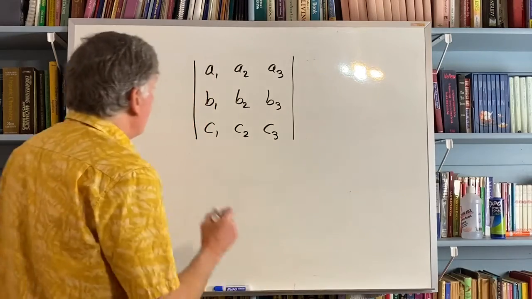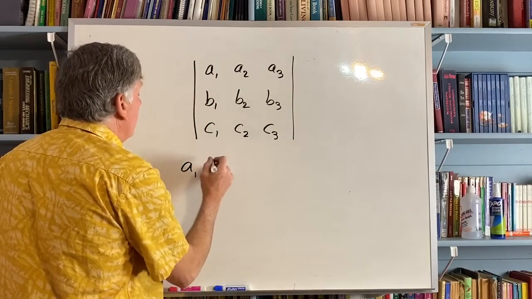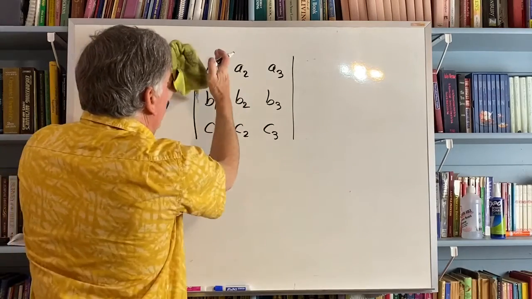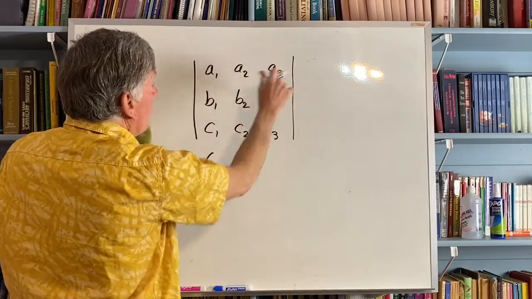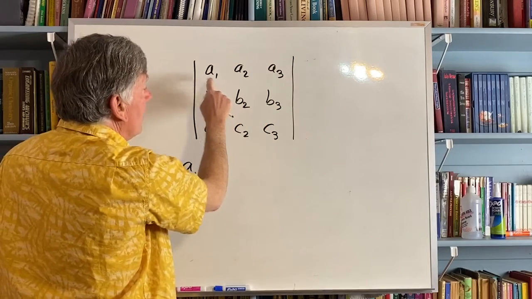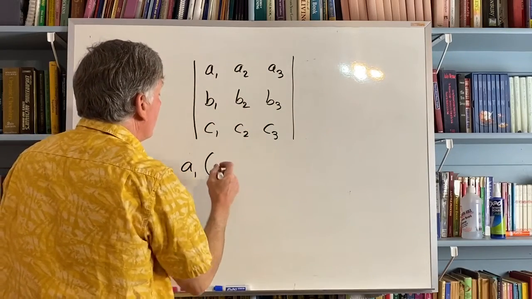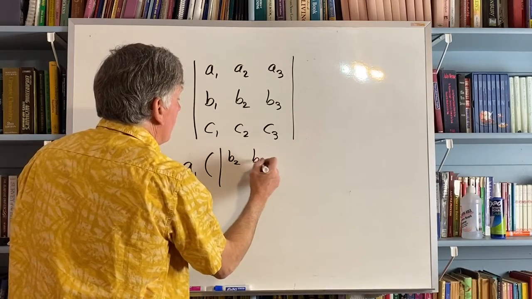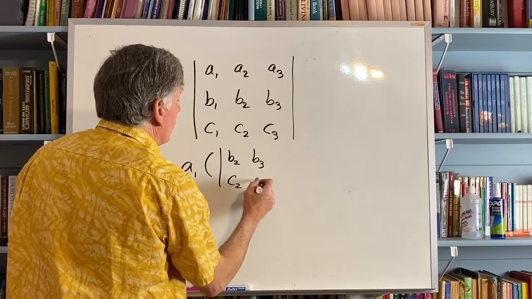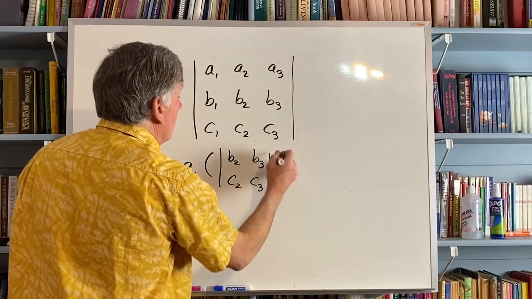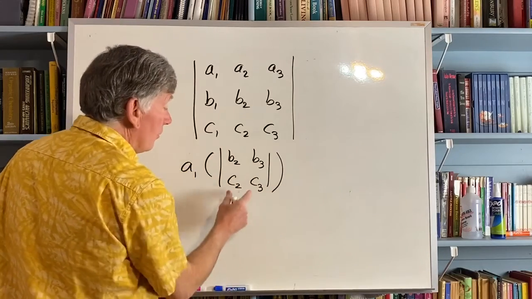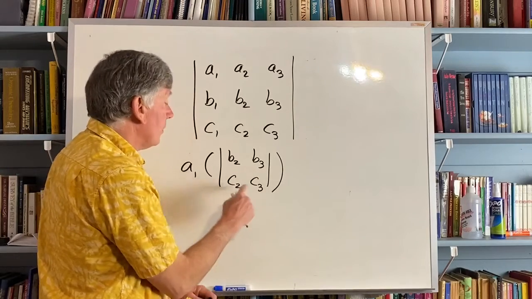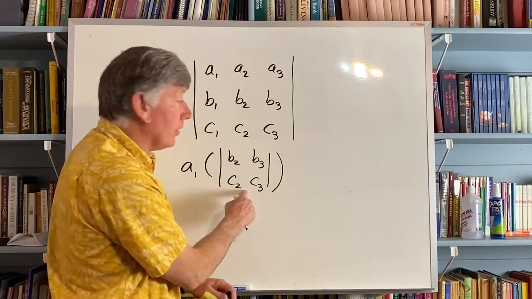This is going to equal A1 times, and I'm going to block out the column and the row that A1 is in, and do times the determinant of B2, B3, C2, C3, close my parentheses. Remember, this is a number as well. This is a number, this is a number, we're going to get a number.